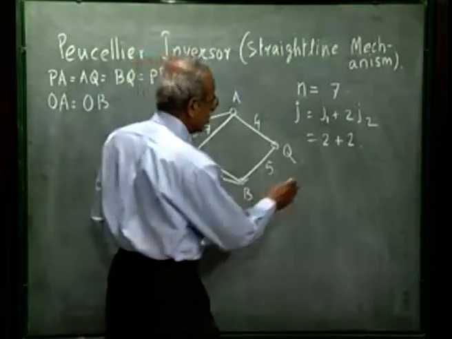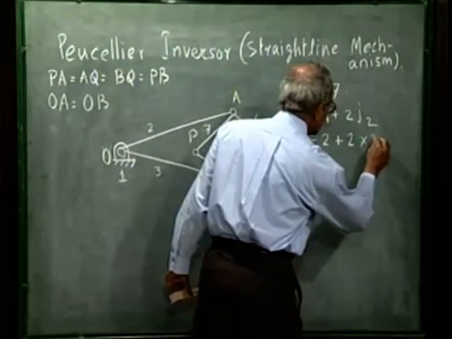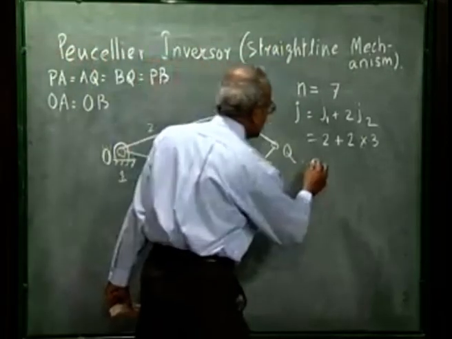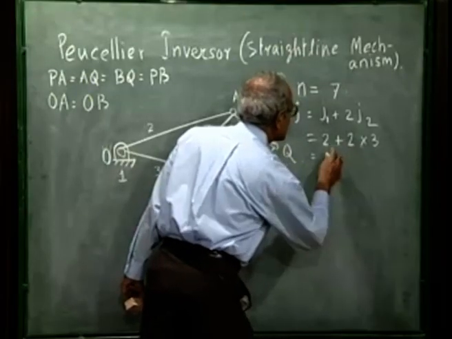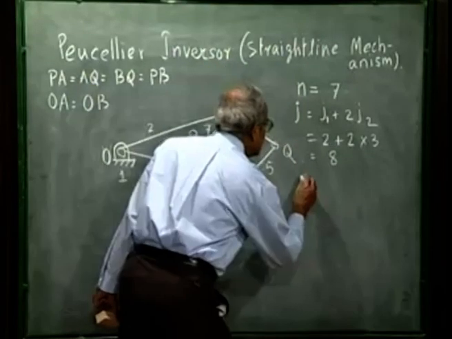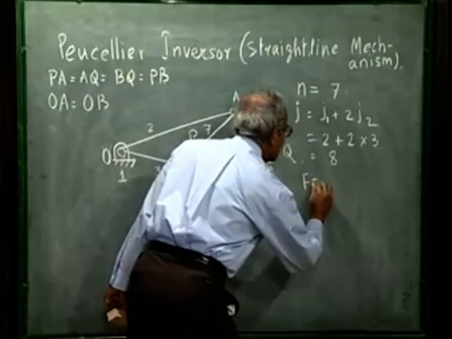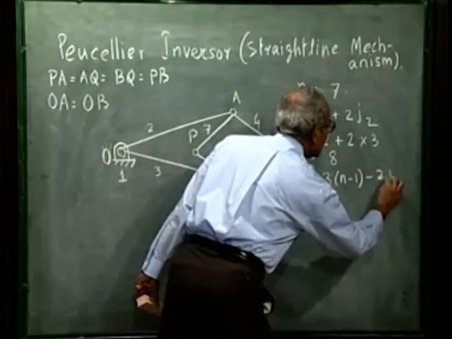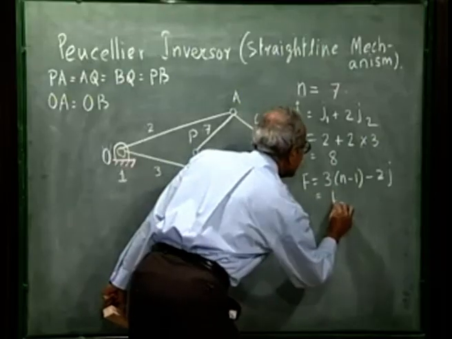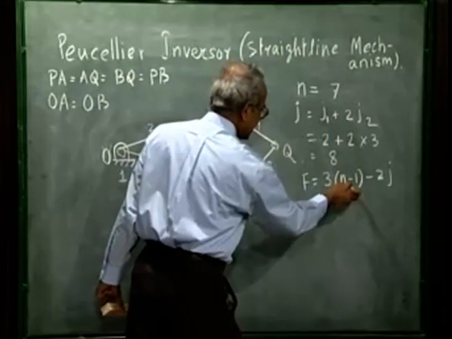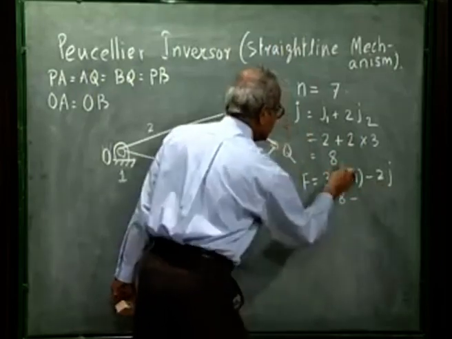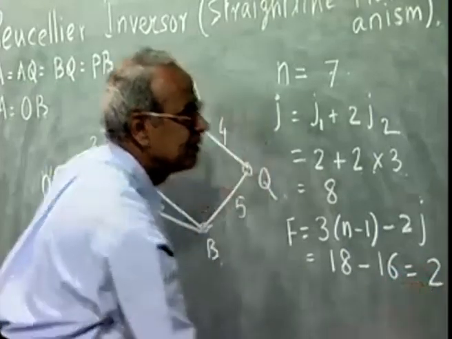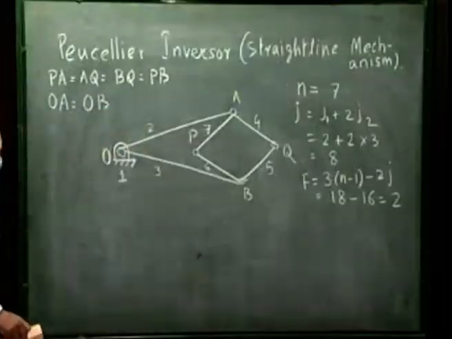So J2 is 2. So we have 3 into 2, 6 plus 2, 8. So the degree of freedom of this assembly is 3 times n minus 1 minus 2j, which is 3 into 6, 18, n minus 1 is 6, 3 into 6 is 18, minus 2 into j, 2 into 8 is 16, so degree of freedom is 2. So this assembly has degree of freedom 2.